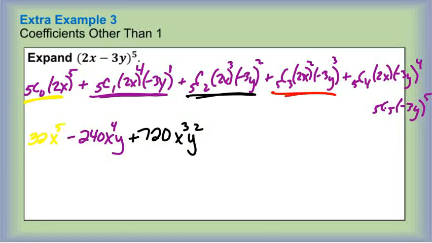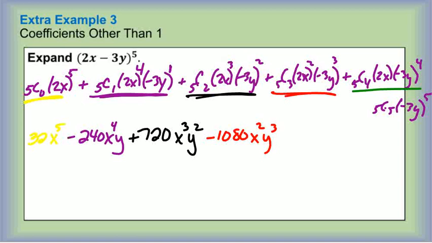Next one here, we have 5 choose 3 is 10. Multiply that by 2 squared, which is 4, times negative 3 cubed is negative 27. Gives us negative 1,080. This would be x squared y cubed. Next one here, we would have 5 choose 4, which is 5. 5 times 2 is 10, times negative 3 to the 4th power is 81.